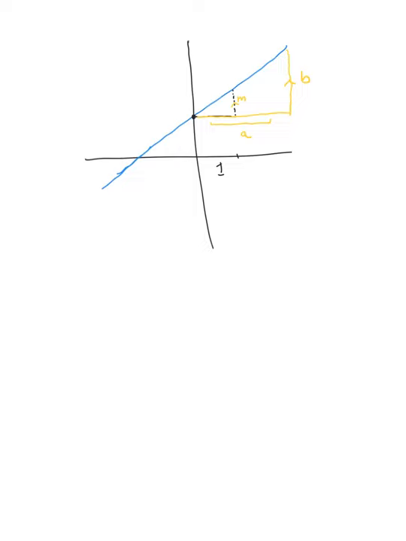So let's write that down. B over M, that's our vertical sides. Our big vertical side over our small vertical side is going to have the same ratio as A, our big horizontal side, over our small horizontal side, 1. Which is pretty cool.